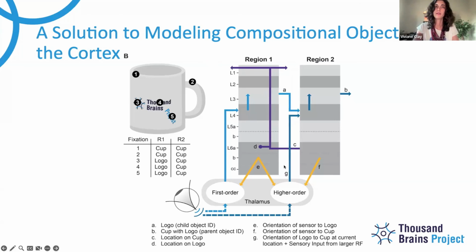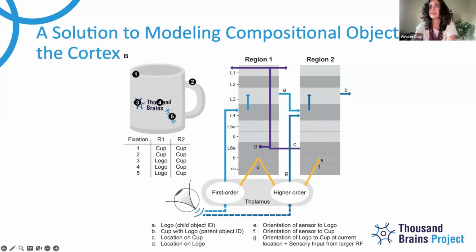And then finally, we also need to know the orientation of the logo relative to the cup. And that's what these orange, or yellow, connections are for. So region 1, the arrow marked with E, represents the orientation of the sensor to the logo.